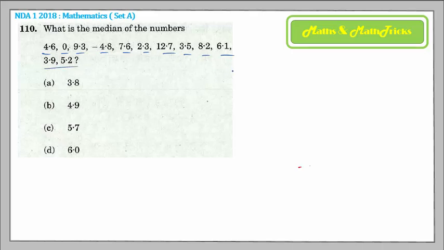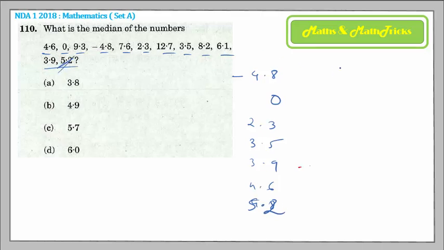If you put them in ascending order, first the negative value minus 4.8, then 0, then 2.3, then 3.5, then 3.9, then 4.6. I would not take the 4.8, since it was minus. After 4.6 you will have 5.2.